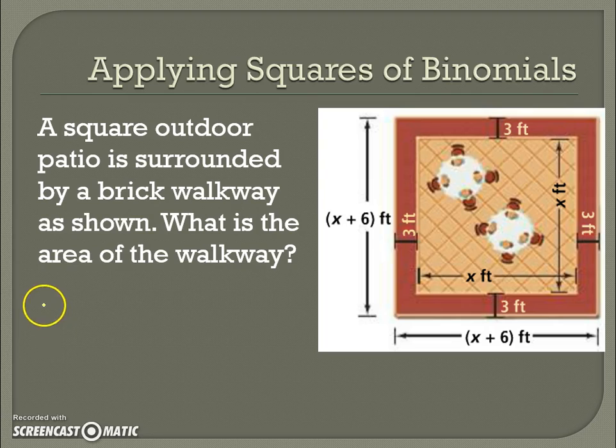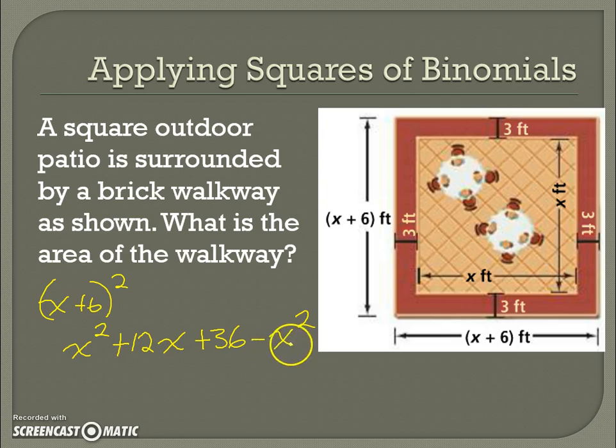So here I have (x + 6) squared. So go ahead and do that. So x squared plus 12x plus 36. And then this inside square is what I'm going to be subtracting. So that's x times x, which is going to be x squared.